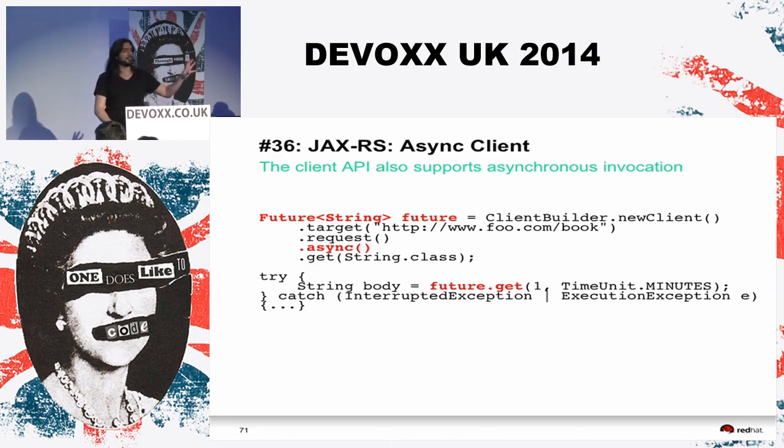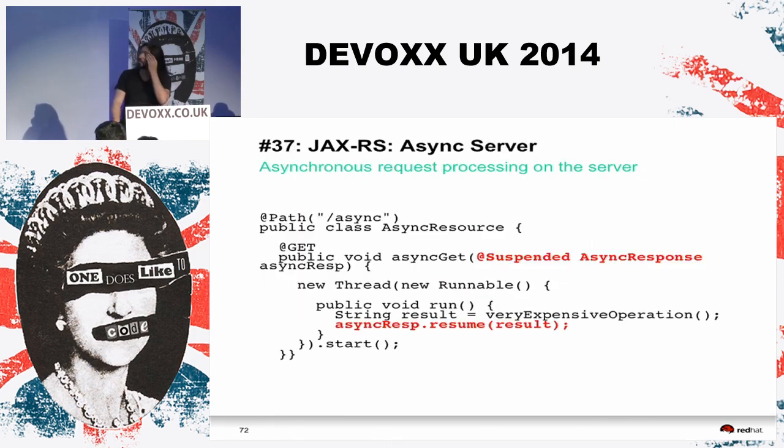So that's on the client side, but you can also do something like that on the server. In the server, you can say, I suspend the response, and as you can see, we start a new thread, do some business logic, and resume this asynchronous response. So asynchronous client call, but also server invocation.